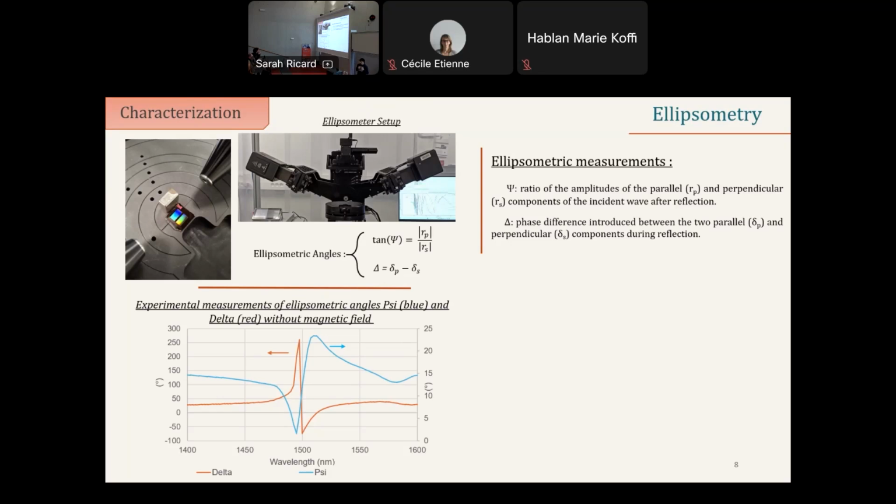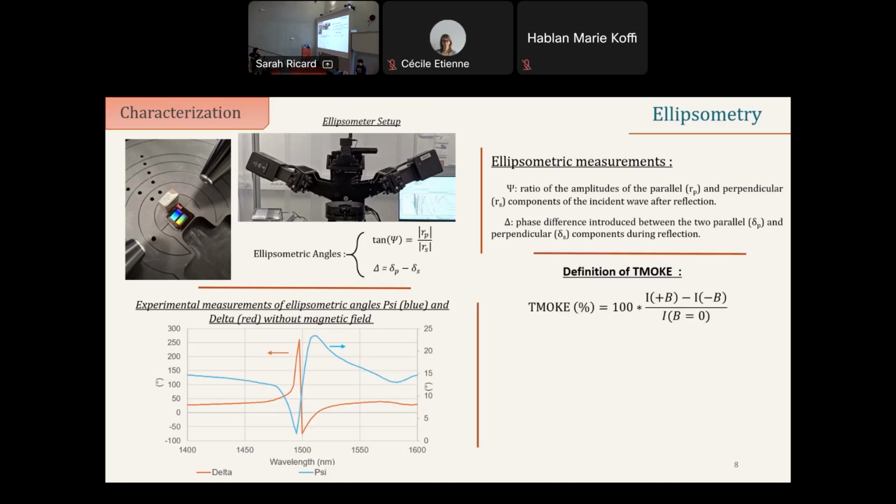Thanks to that observation, we know that something is happening at that wavelength. This is a coupling effect related to the coupling between the parallel and perpendicular components. By observing this, we know that something is happening, and we can relate that to the magneto-optic effects, but it's not directly what we observe here.